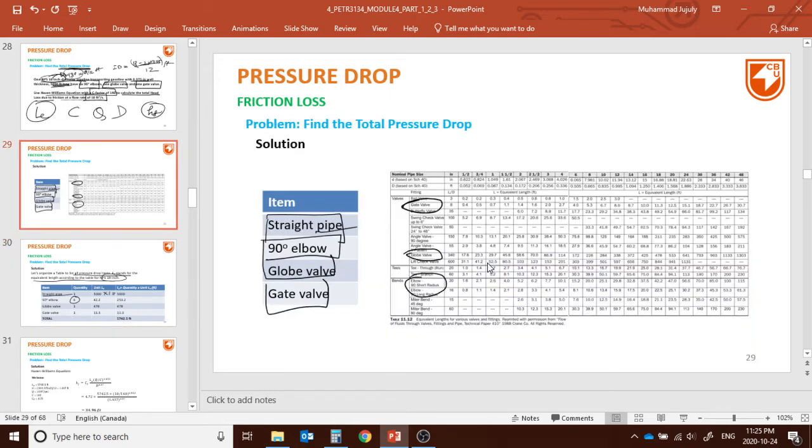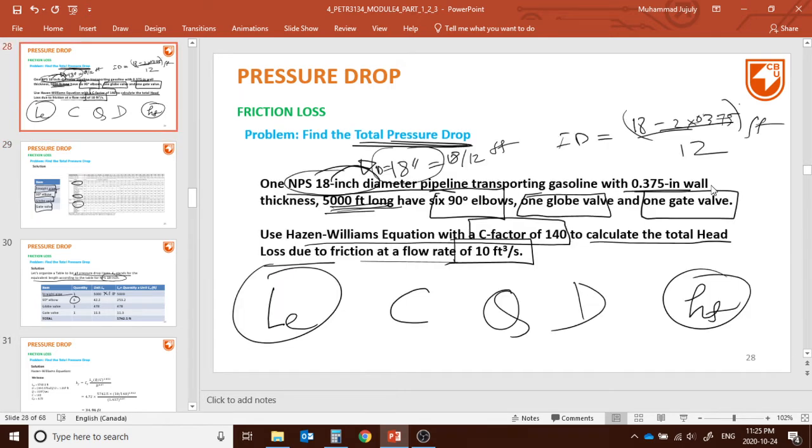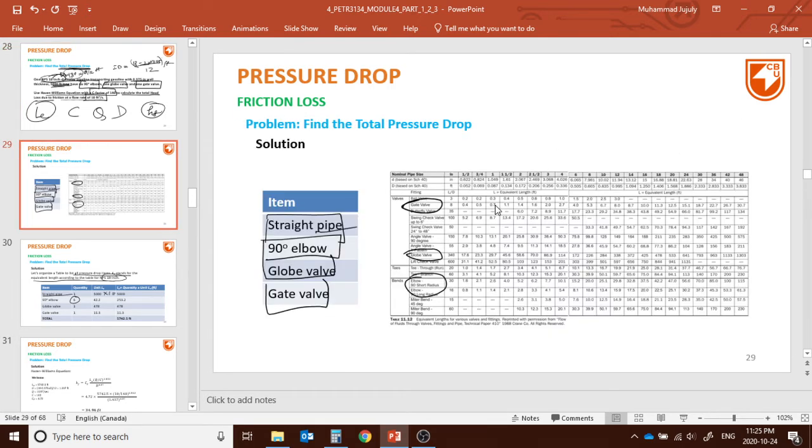Now for the 90-degree elbow, for schedule 40, nominal pipe size NPS 18. This is NPS 18, right? So we are interested in this chart.